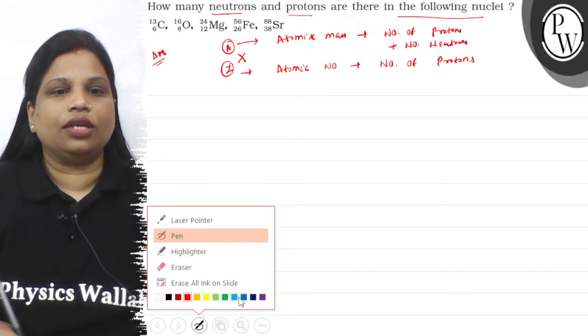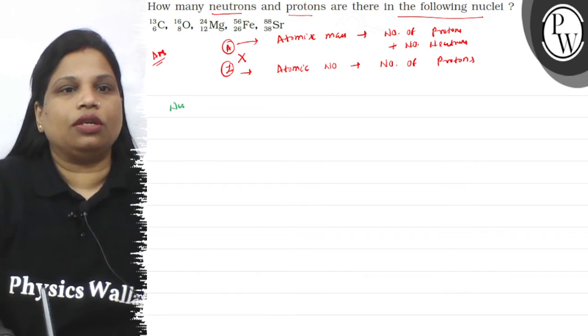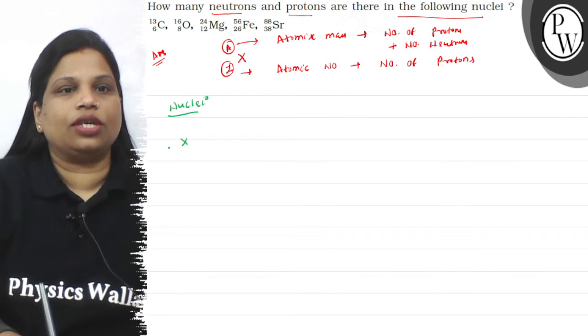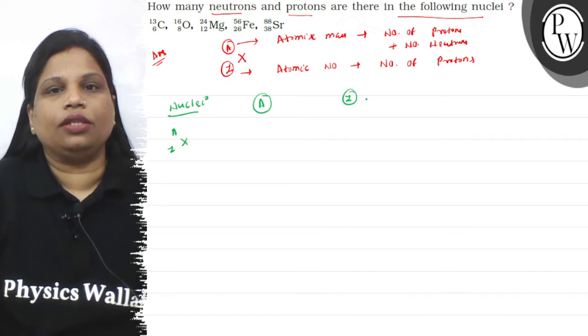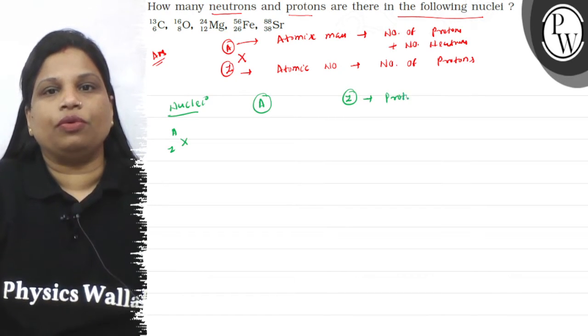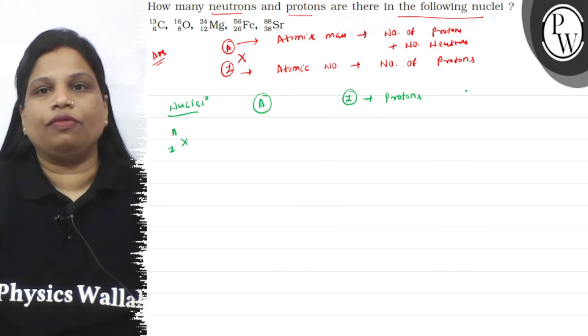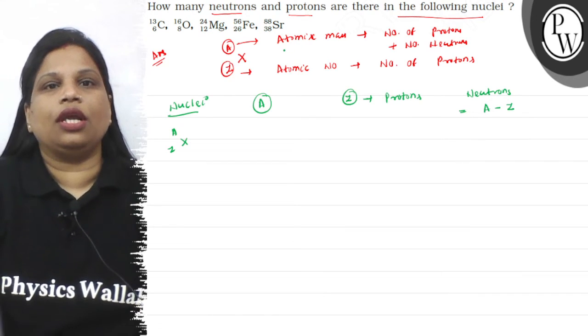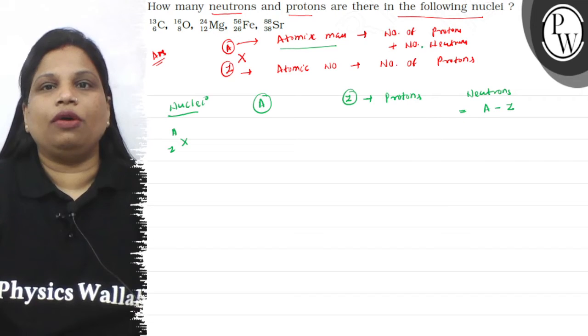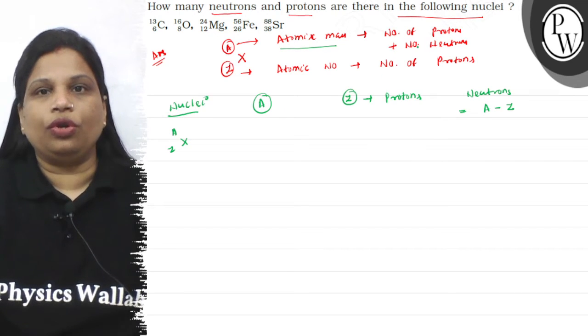So in a nucleus, you can represent the nucleus here as X, Z, A, ठीक है, where A is atomic mass, and Z is atomic number that also represents the number of protons. ठीक है, and number of neutrons can be calculated by A minus Z, because atomic mass is equal to the sum of number of protons and number of neutrons.